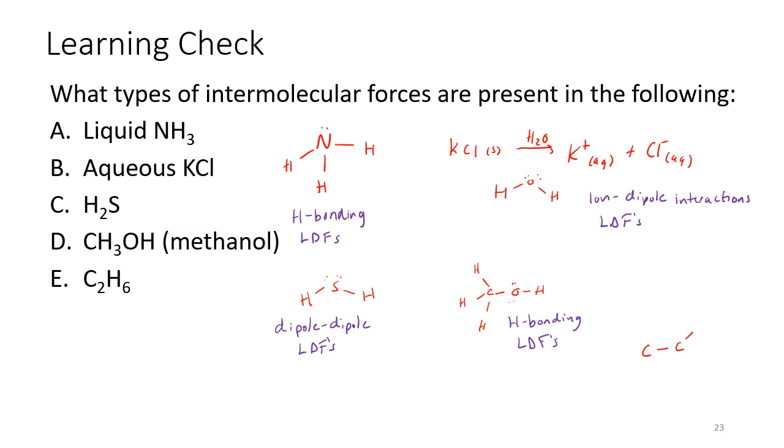We're going to have 2 carbons singly bonded together, and each carbon will have a single bond to 3 hydrogen atoms. This is a hydrocarbon, and each carbon is tetrahedral. We learned that a C-H bond is essentially nonpolar. Since this is a nonpolar molecule, the only intermolecular forces present will be London dispersion forces.